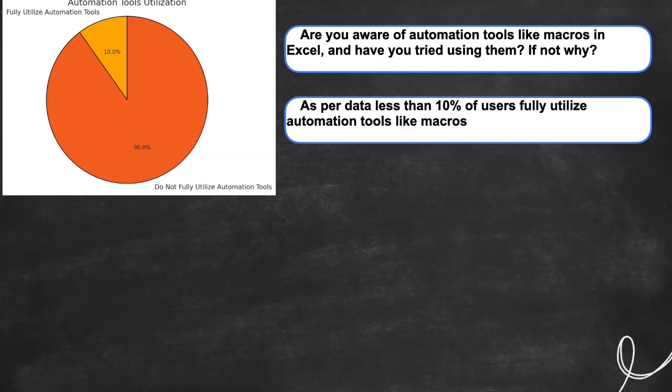These are tools designed to automate repetitive tasks, yet they remain widely underutilized. The consequences? Time is being wasted on manual processes that could easily be automated. In fact, companies could save between 15 to 25% of their time spent on routine tasks if these tools were fully embraced.